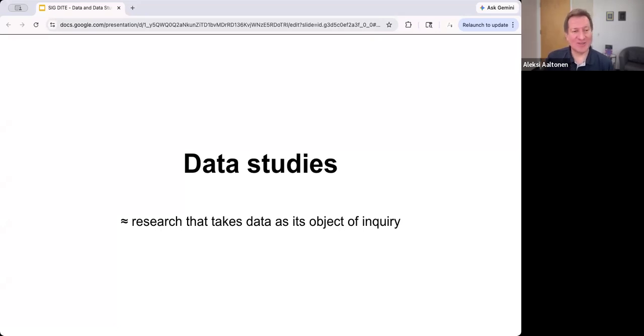And to make sense of it, what we have been promoting, or helping to come together, is what has come to be known as data studies, which, to give you a provisional definition, is research that takes data as its object of inquiry.